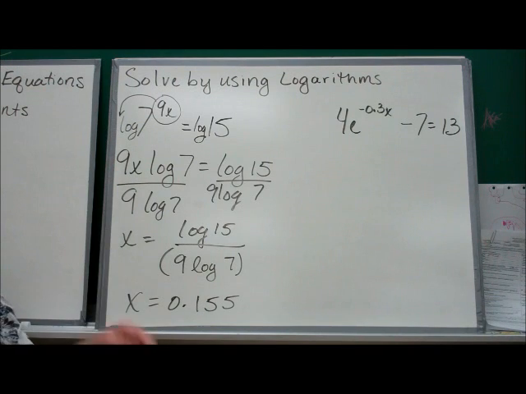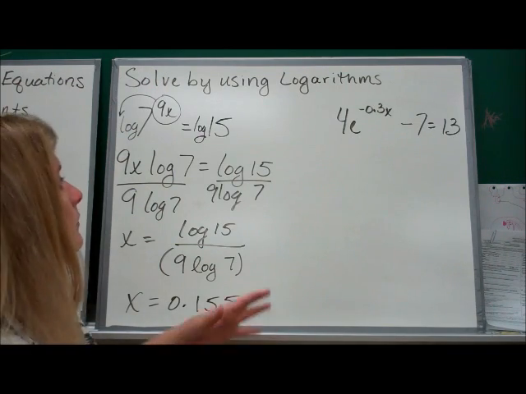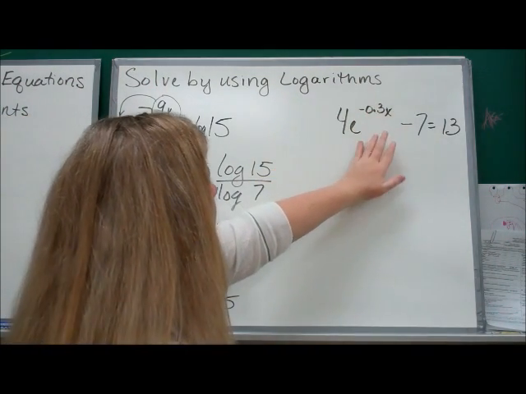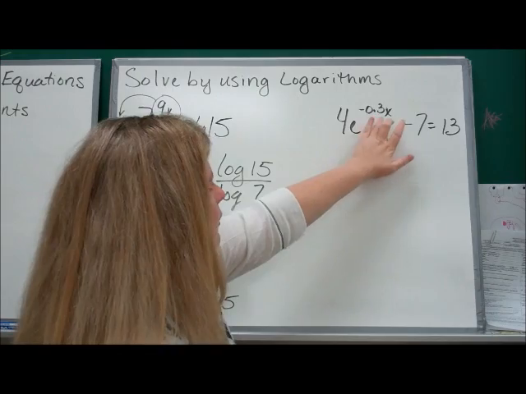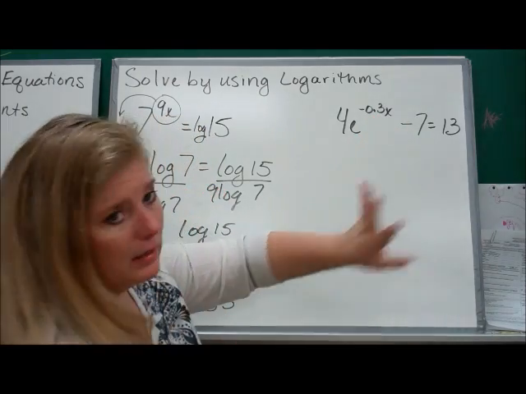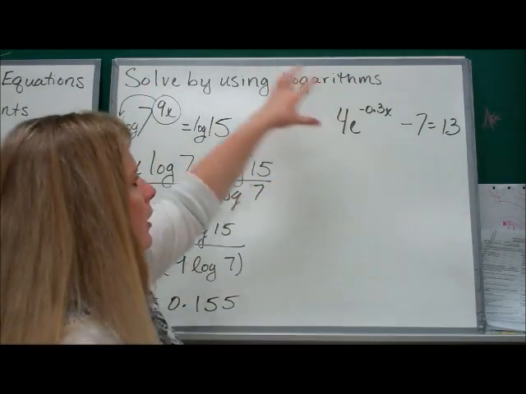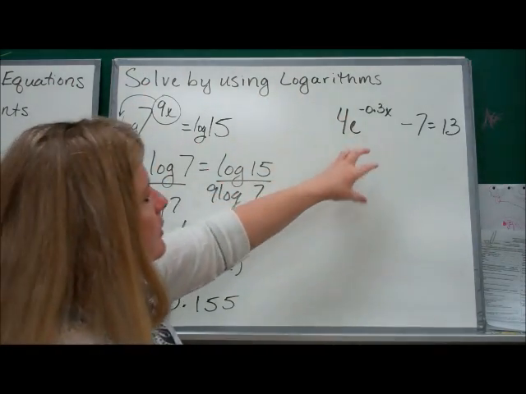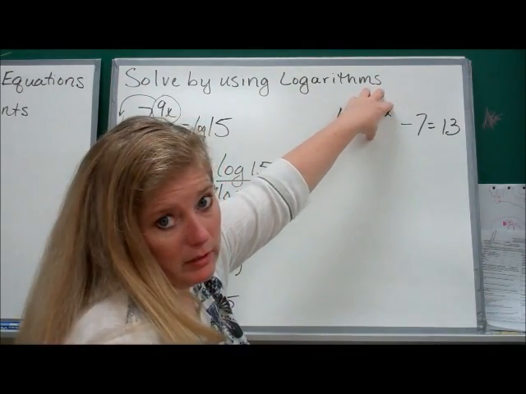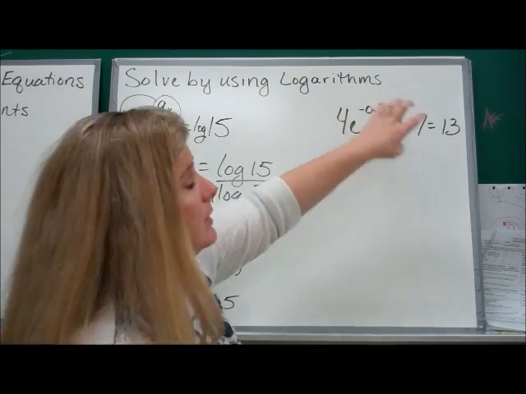Okay. Now over here, in this case, I don't have e to the negative 0.3x by itself. I've got some other stuff happening to it. So before we can take the log of both sides, we have to get the thing with the exponent with the x in it by itself.